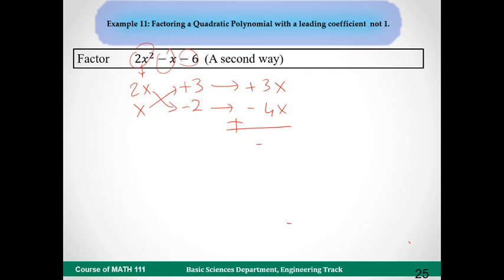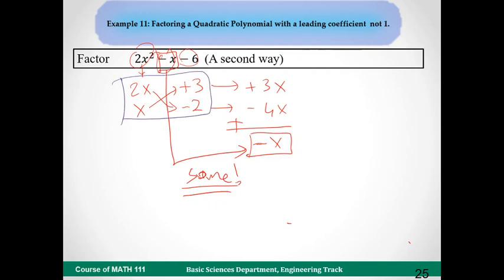When we add them, it will give you negative x. This negative x and this one, we got the same thing. So they match. These are the correct factors.